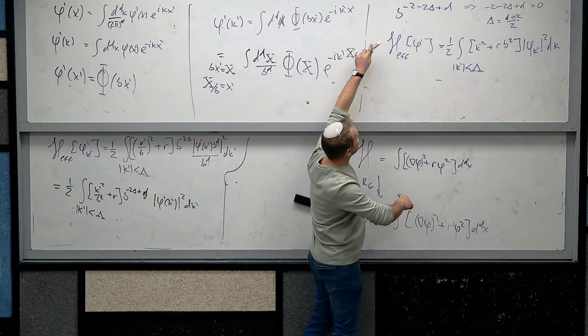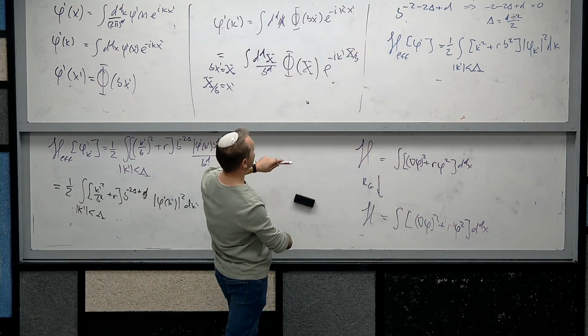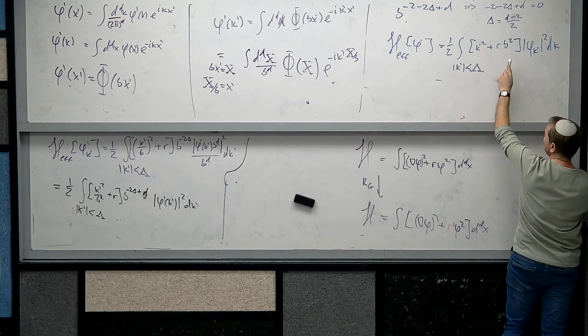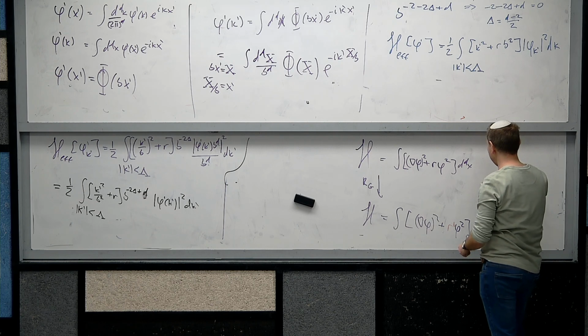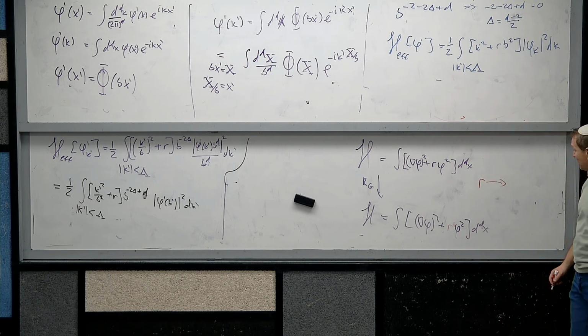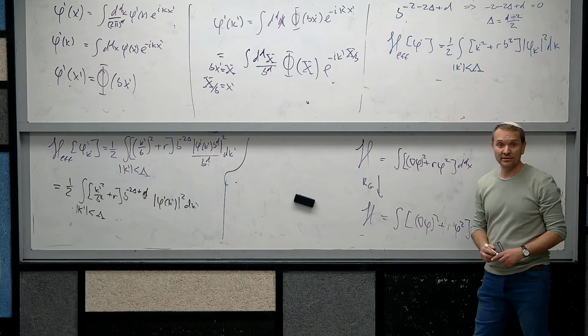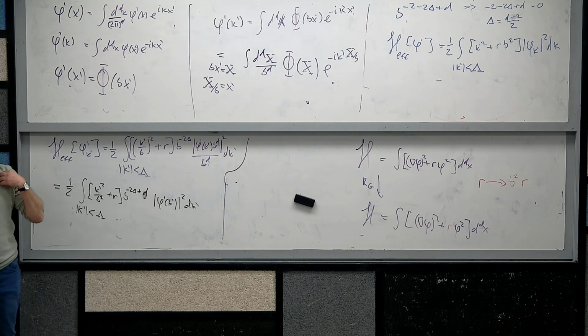The only difference between this Hamiltonian and the original Hamiltonian is the r. So the only thing that is affected by the RG step is that r goes to b squared multiplied by r. Okay. That's the only thing that matters.